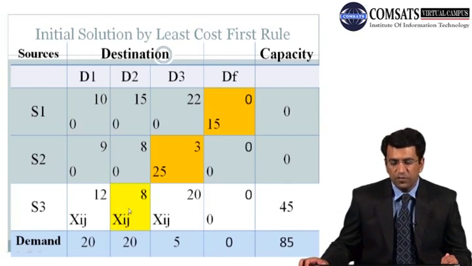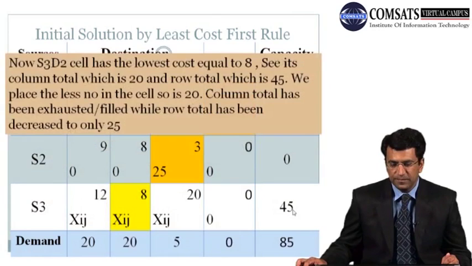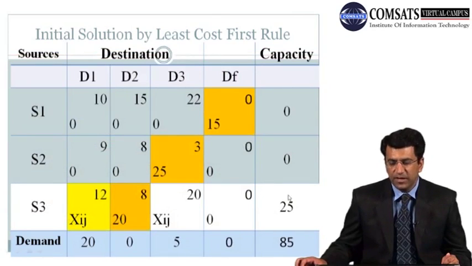Therefore we will move to the cell S3D2, where the unit cost is also 8. Again for this cell, students, compare the row total, which is 45, with the column total, which is 20. So we will put 20 here. This column total will be exhausted and become 0, and this row total will be decreased by 20 and become 25.